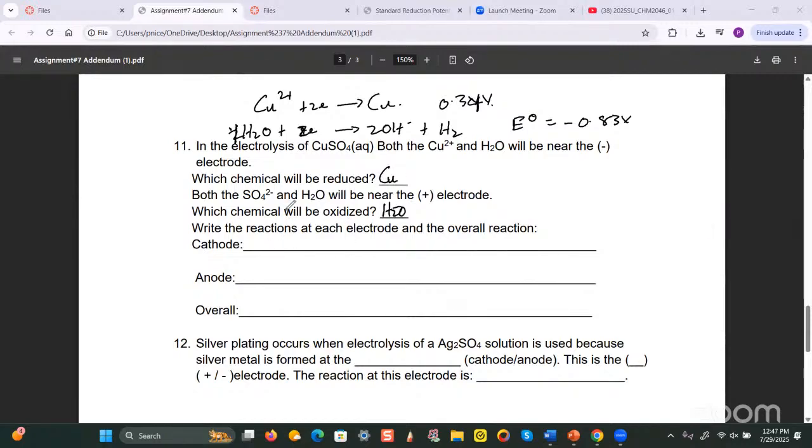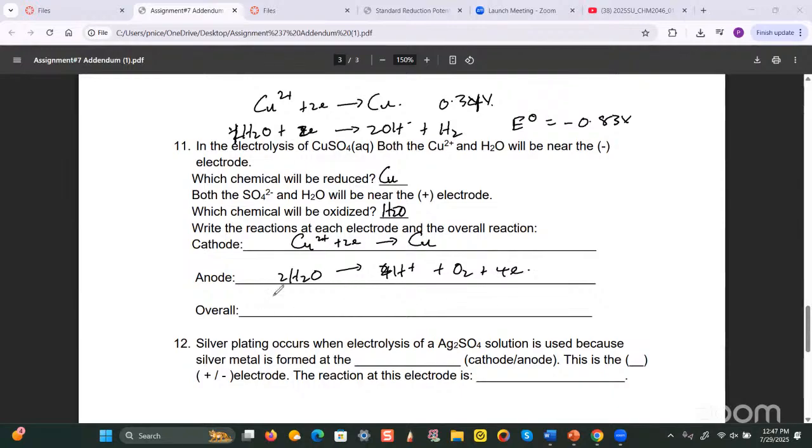So now we need to write down the cathode reaction, which is Cu2 plus 2 electrons, and the anode reaction, which is H2O oxidized to form 4H plus O2 plus 4 electrons.